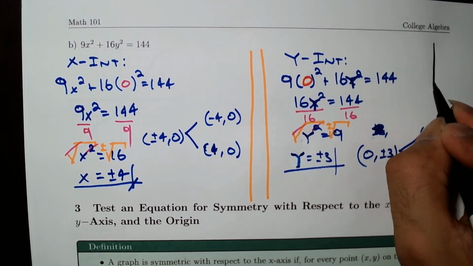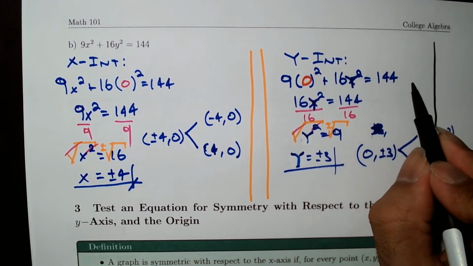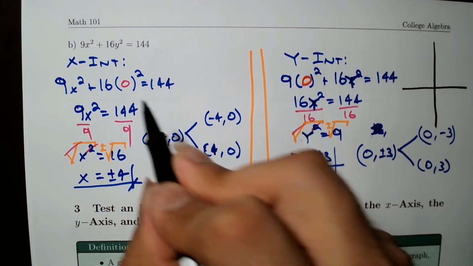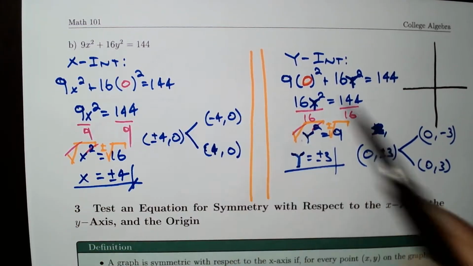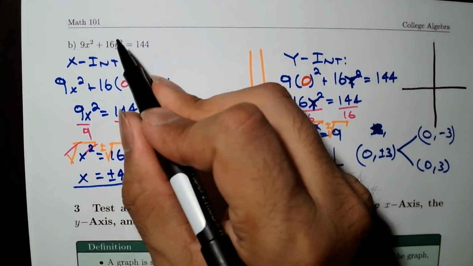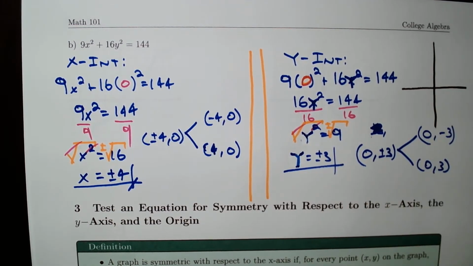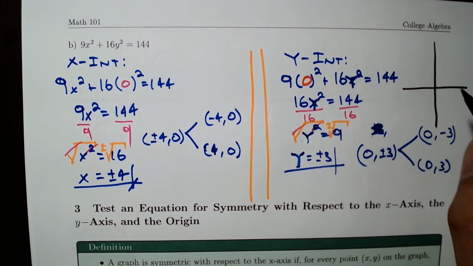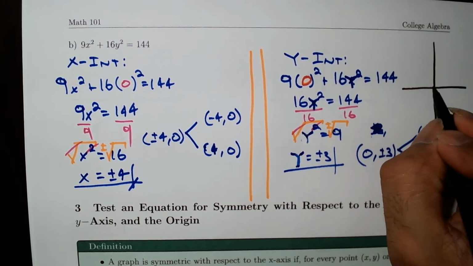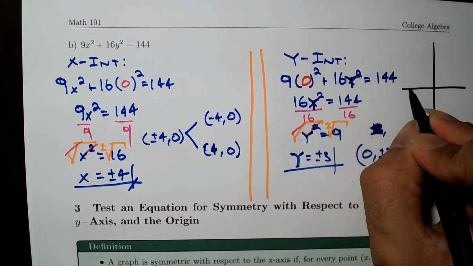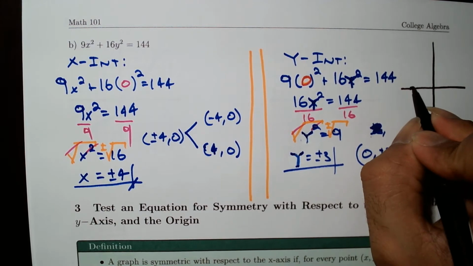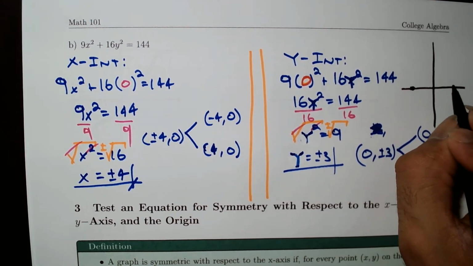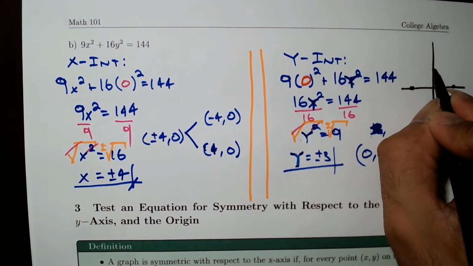Just to look a little bit ahead of what we are doing. This type of equation right here is the equation of an ellipse, which we are going to look at in a later chapter. So let me show you how that is going to look. 1, 2, 3, 4 somewhere here, 1, 2, 3, 4, and 3 somewhere here.